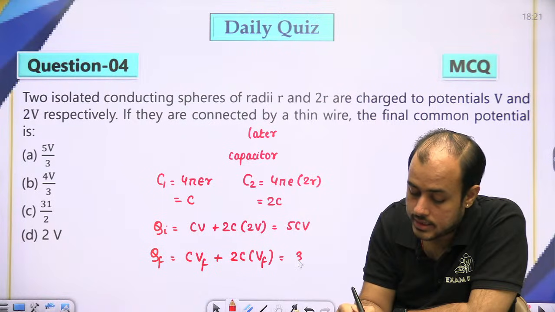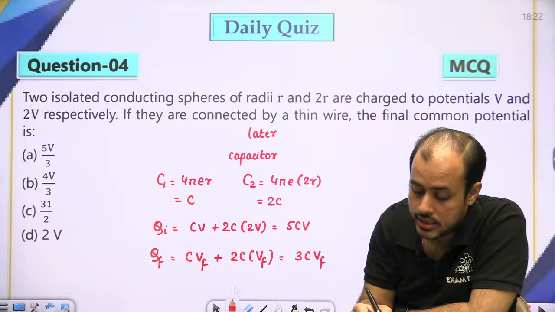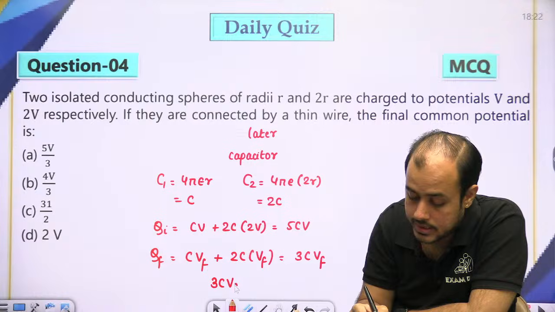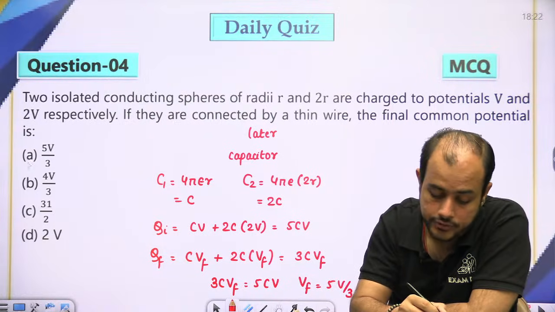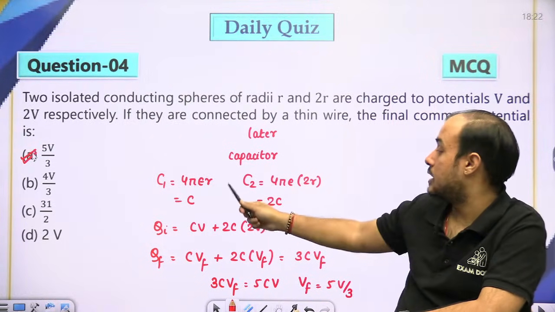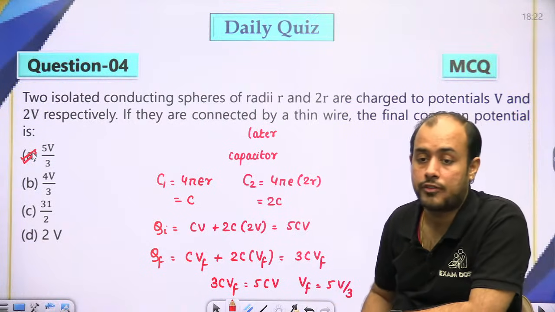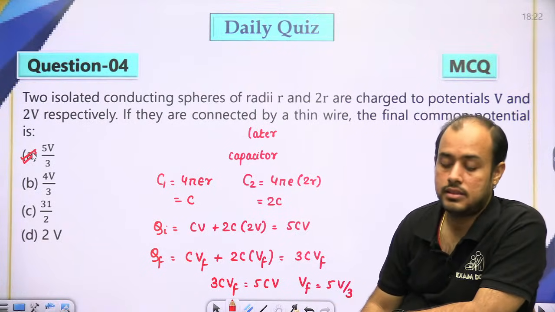When two bodies are touching, always potential is same. Now by charge conservation, we can calculate 5V by 3. This is the formula for capacitance of an isolated sphere.